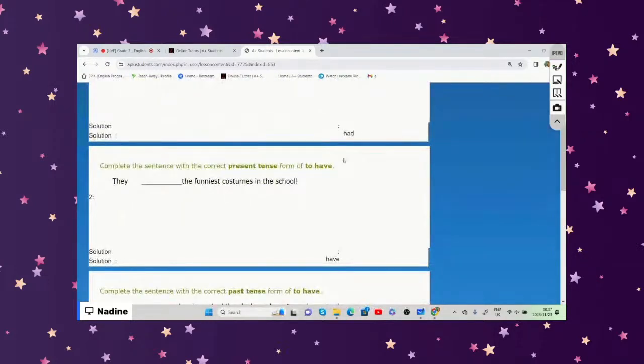We need to complete the sentence with the correct present tense form of to have. Do we say they have, or they has, or even they had the funniest costumes in the school?